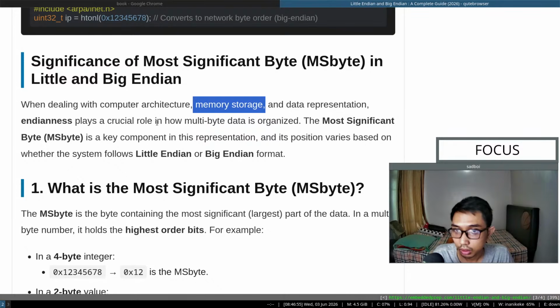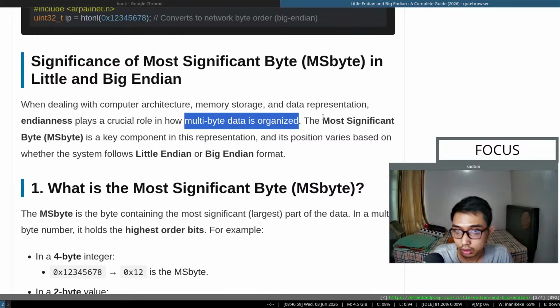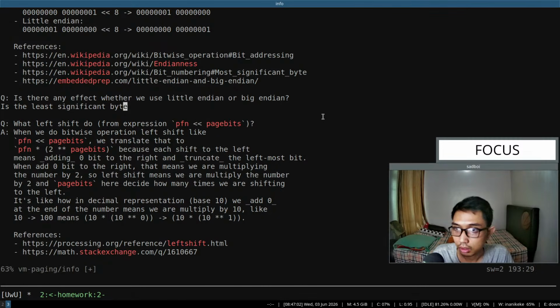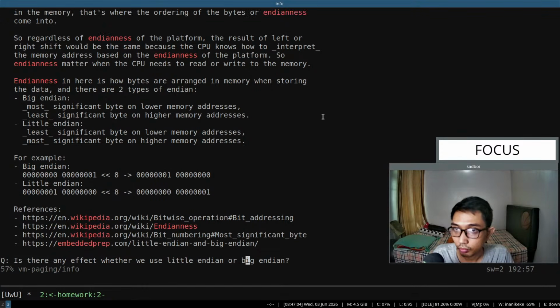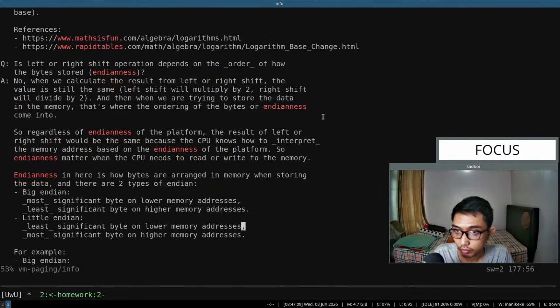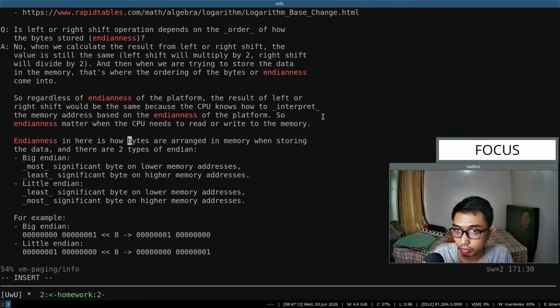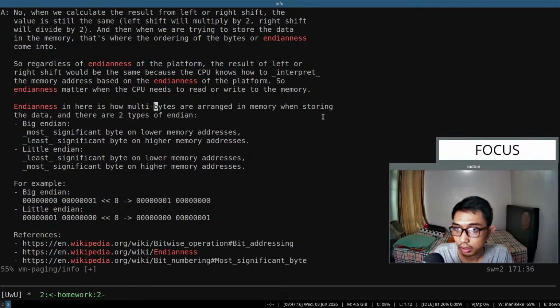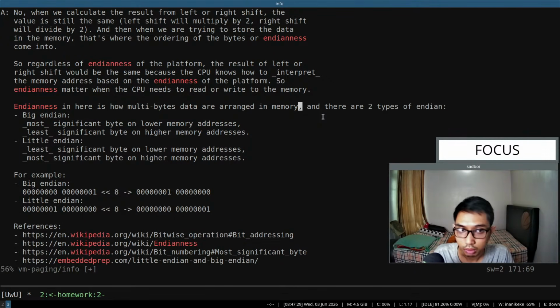Endianness plays a crucial role in how multi-byte data is organized. Okay. Multi-byte data, change in memory. Maybe something like this.